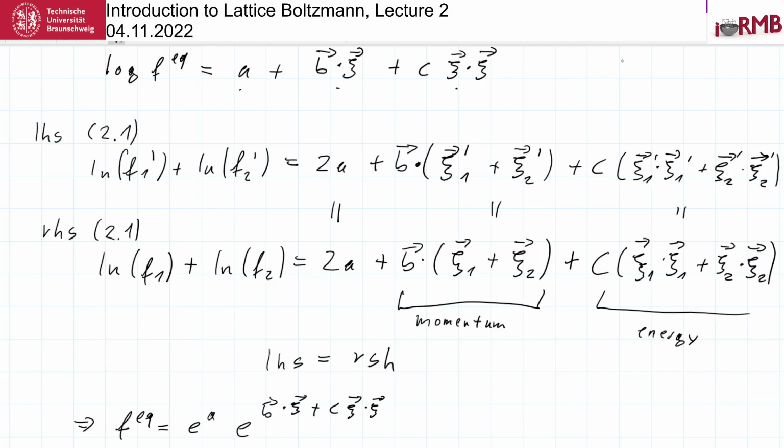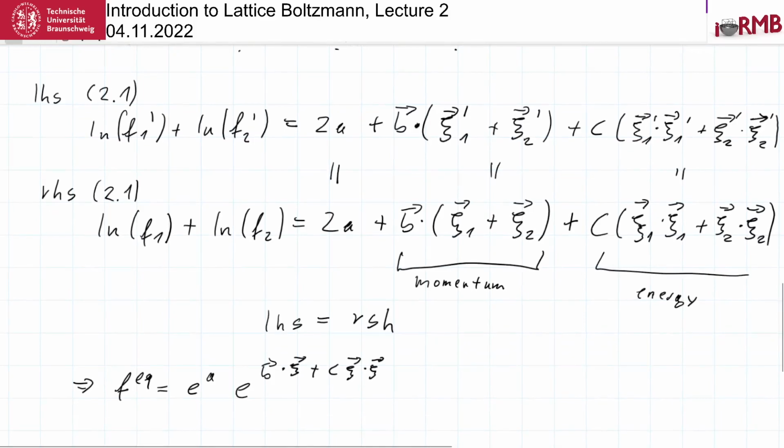So, okay, why is this important? Why do we want to know the equilibrium distribution function? This is where the state of the distribution function is going to if we let the molecules do whatever they do, right?